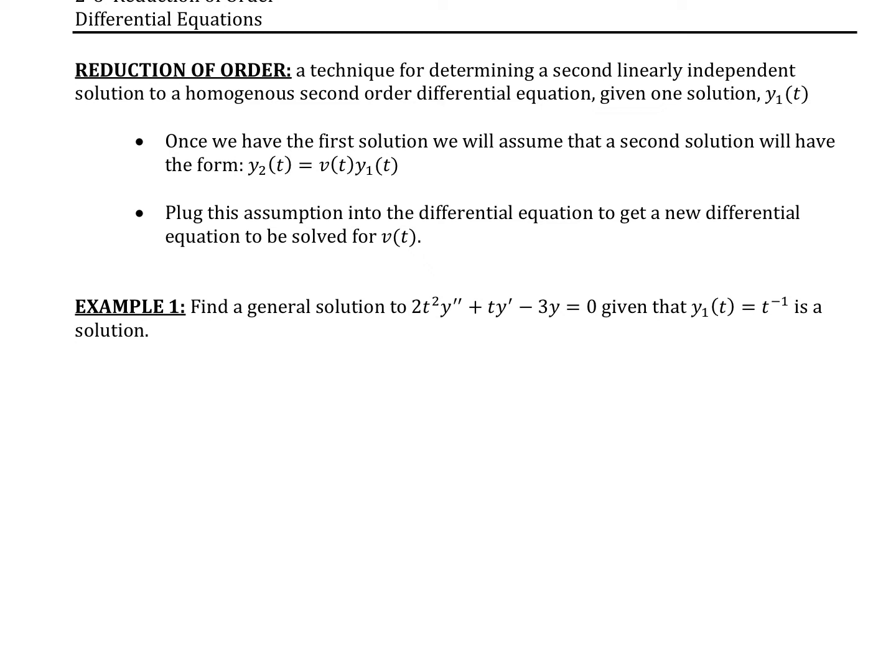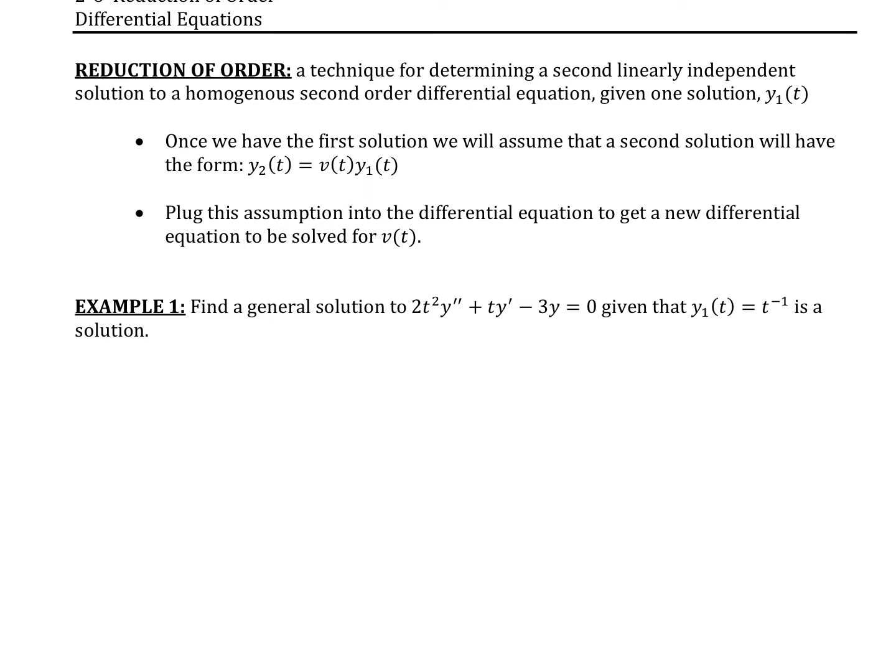So the general steps are, 1, we assume that whatever solution we're given actually is the basis for our second solution. So if we know our first solution is y sub 1 of t, then our second solution is some other function v multiplied by y1 of t.